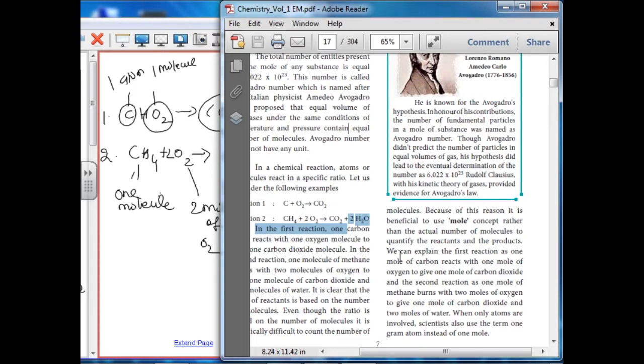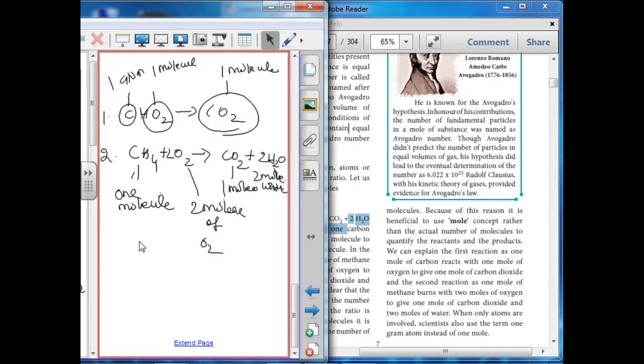We can explain the first reaction: 1 mole of carbon reacts with 1 mole of oxygen to form 1 mole of carbon dioxide. The second reaction: 1 mole of methane reacts with 2 moles of oxygen to form 1 mole of carbon dioxide and 2 moles of water.